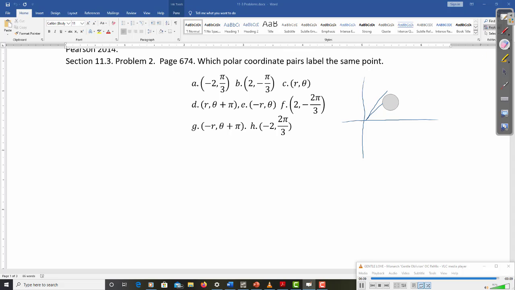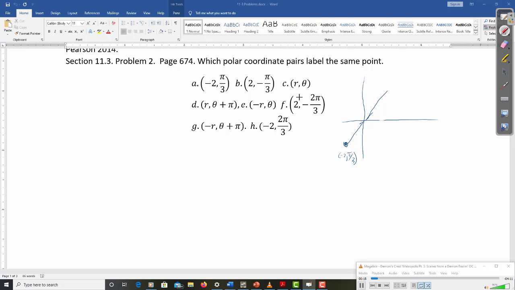Yeah, probably more like that. And this tells you how far out it goes. Now, this would actually be going out to +2, but -2 means it goes backwards, so it goes down like this. So we're looking at -2, -2 pi over 3.